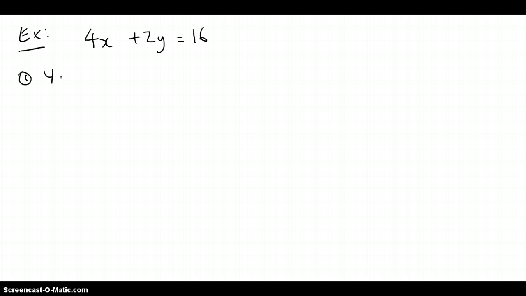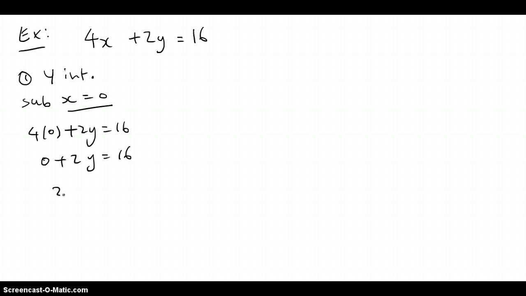We find the y-intercept, and to find the y-intercept, sub x is equal to 0. So 4 times 0 plus 2y is equal to 16. 4 times 0 is 0, so 0 plus 2y equals 16. 2y equals 16. Y is equal to 16 divided by 2. Y is equal to 8.